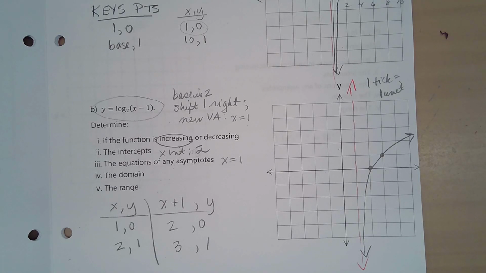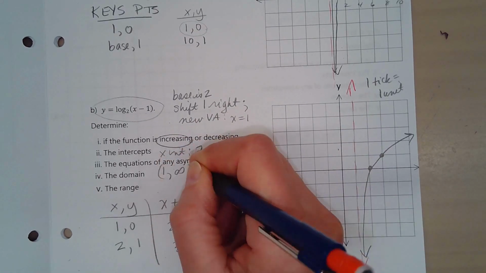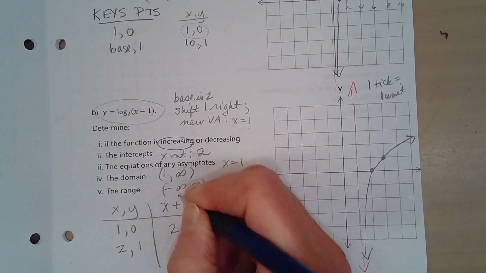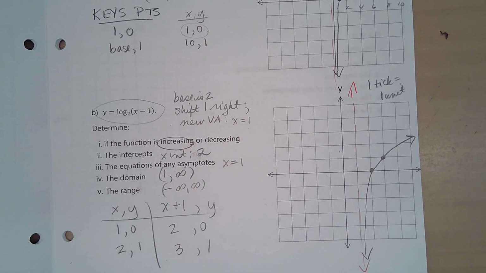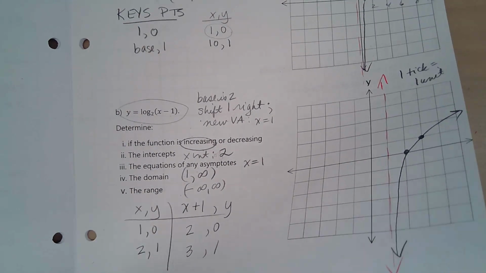Has the domain been changed? A shift will change the domain, right? So it's not 0 to infinity anymore, it's 1 comma infinity. And the range is the same though, right? All real numbers? Okay. All right, let's try the next.